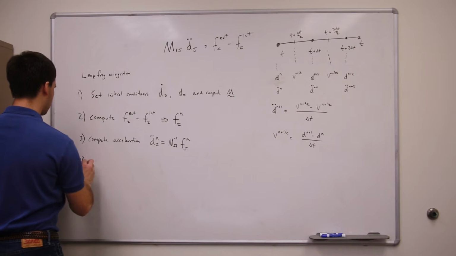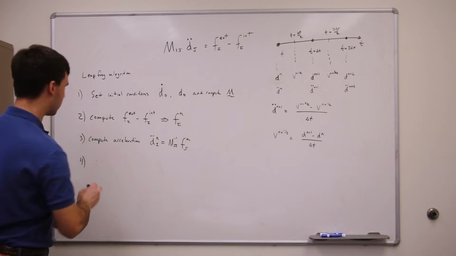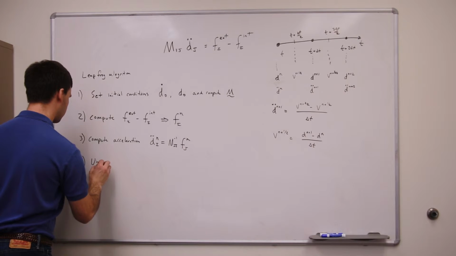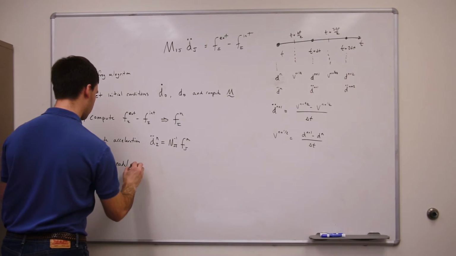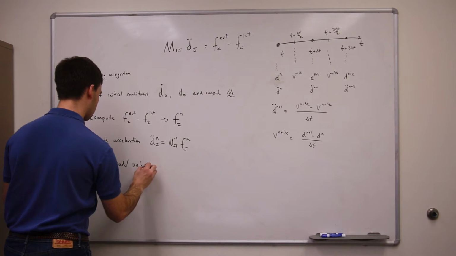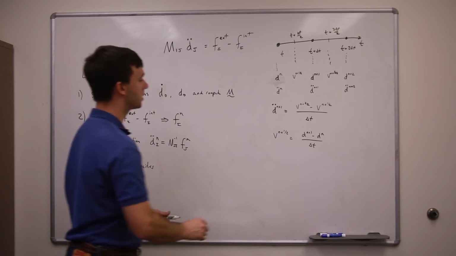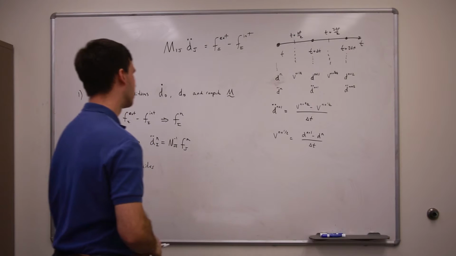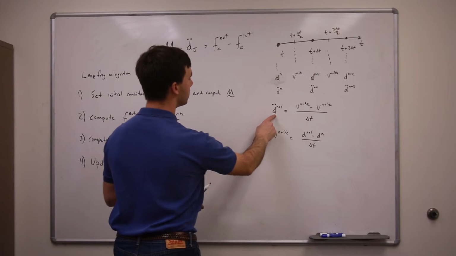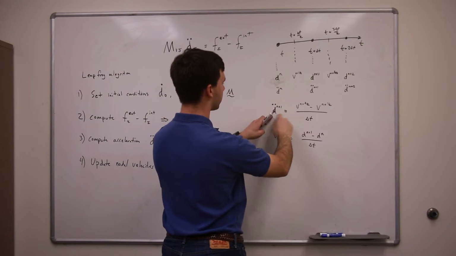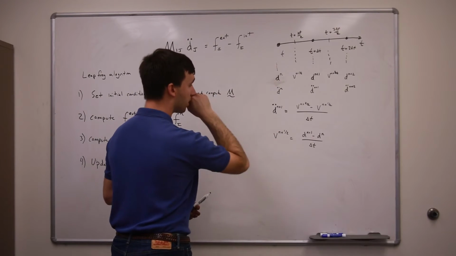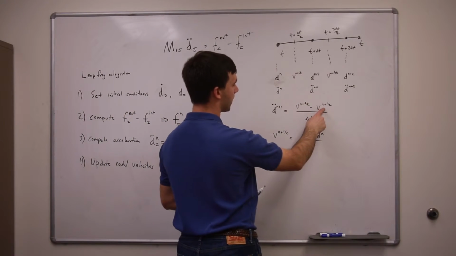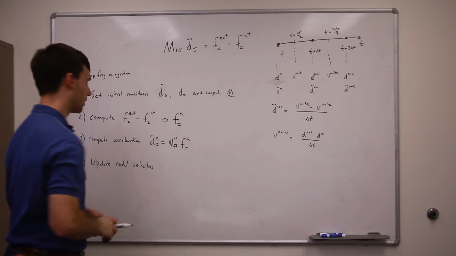Step 4 is we will compute nodal velocity, or update nodal velocity. And so here, we're basically just going to take, we know d sub n, so we have to shift this. So we know d sub n, we know v sub the last step, and so we solve for the next step.